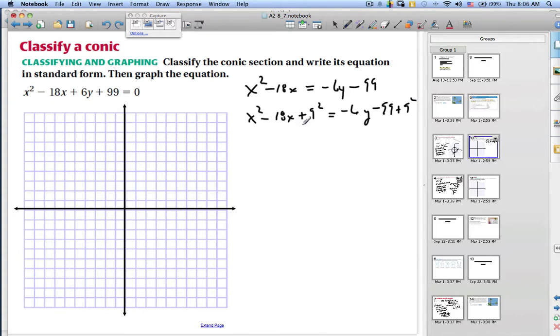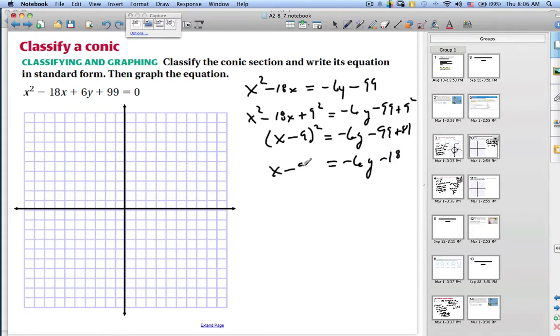So now I've created a perfect square of a binomial on this side. This is x minus 9 squared, equals negative 6y minus 99 plus 81. So minus 99 plus 81 is going to be negative 18.